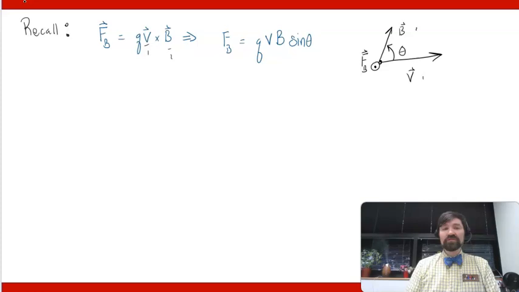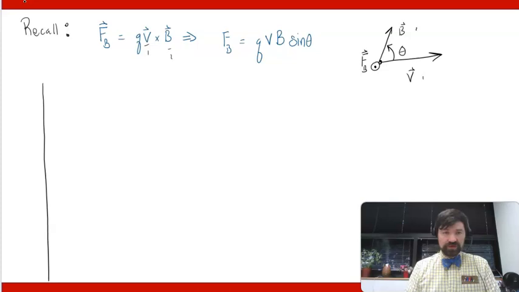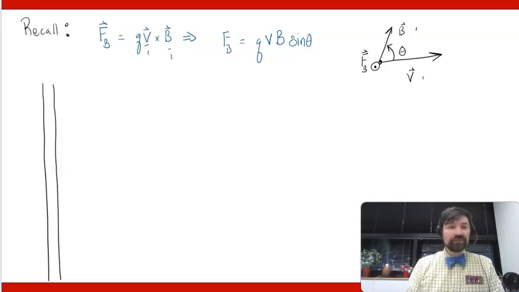What we want to do today is see what happens if you have a bunch of charged particles in bulk. So let's say I have a wire, and we see a bit of it right here, and there's current running through the wire. Macroscopically, we'd say there's a current in this wire.